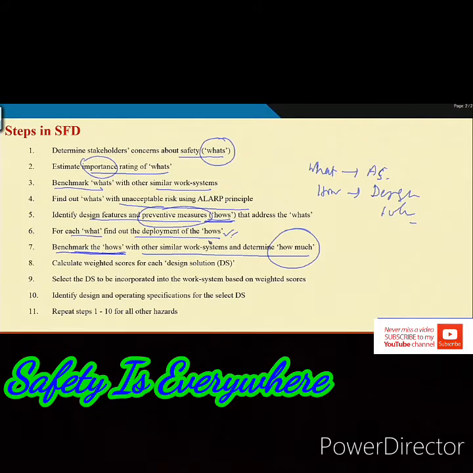But it may so happen that your design solution is inferior, in the sense that the risk reduction possible based on your design solution is not as effective as what is already available in some other benchmark work systems. So after getting the house you have to see what is there in the benchmark. That comparison will help you in modifying the design solution and you can go for a better design solution.